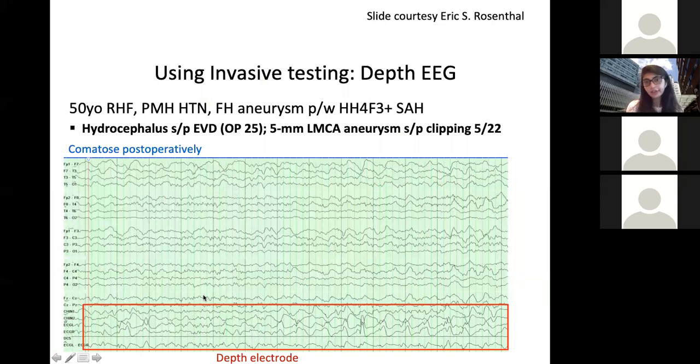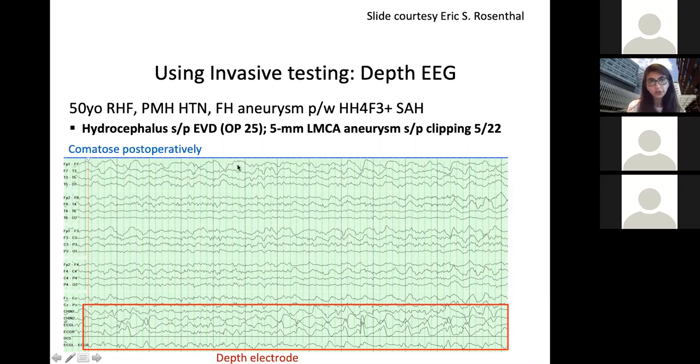Similarly, invasive monitoring can be used when appropriate. We are currently using invasive monitoring in our severe TBI patients. And here's an example of the utility of invasive monitoring in a subarachnoid hemorrhage patient.